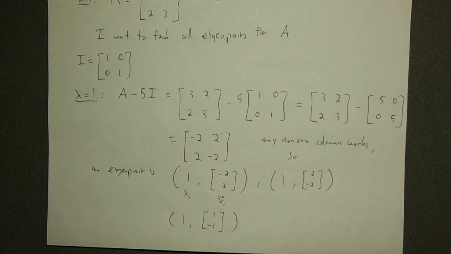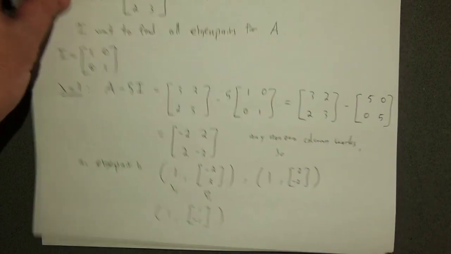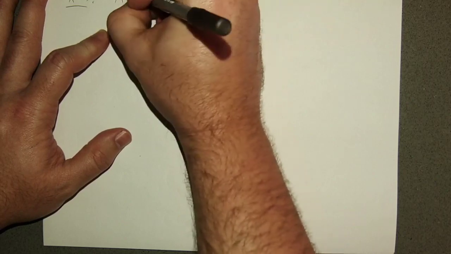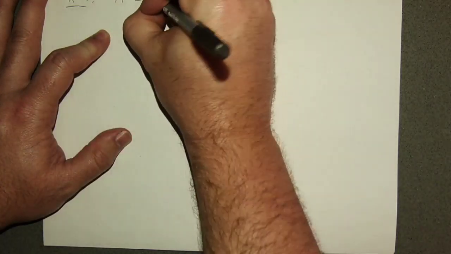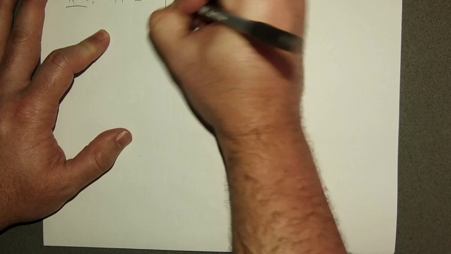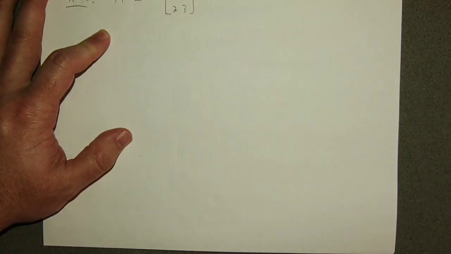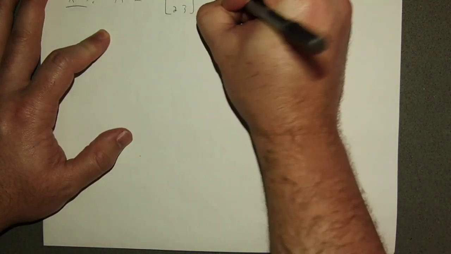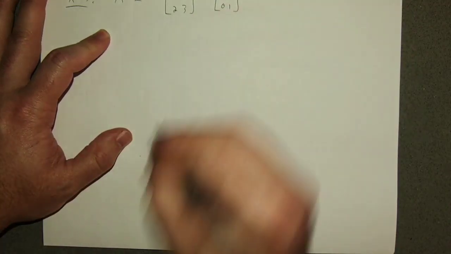Okay. So let's do the other one. Let's do this for lambda equals 5. For the lambda equals 5 eigenvalue, I want to look at A minus 5 times I, which is (3, 2, 2, 3) minus 5 times the identity (1, 0, 0, 1).